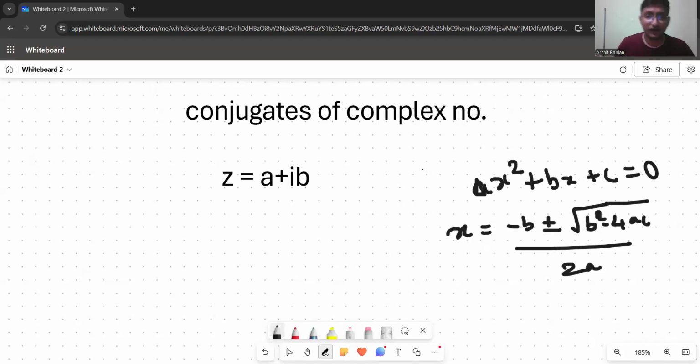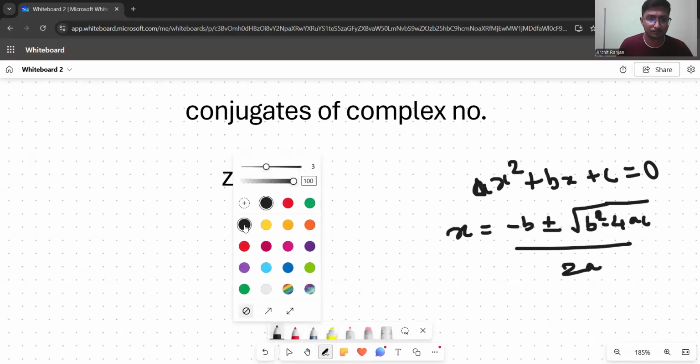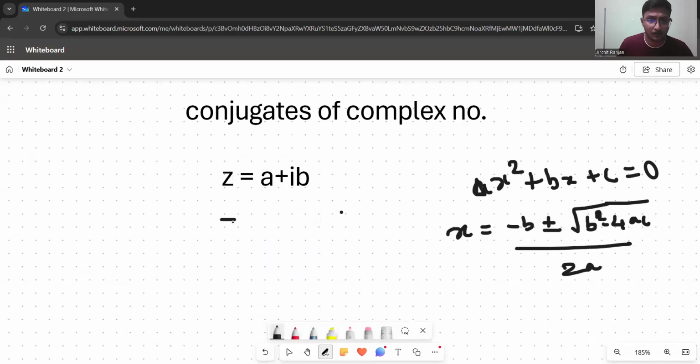Basically, if I have z is equal to a plus iota b as we have taken earlier, then z bar is something that we'll be choosing to represent the conjugate of the complex number, which is basically a minus iota b.